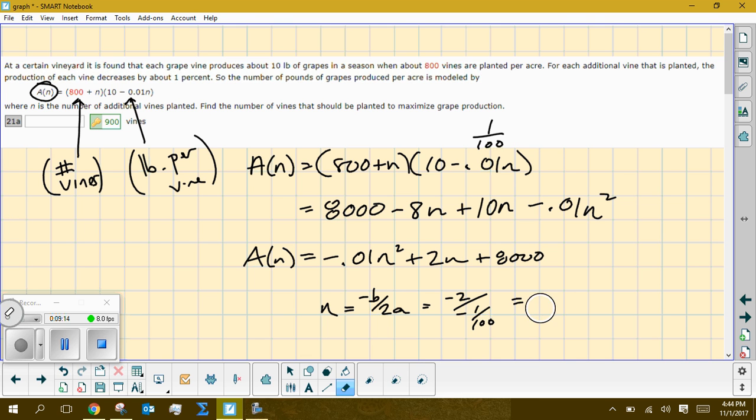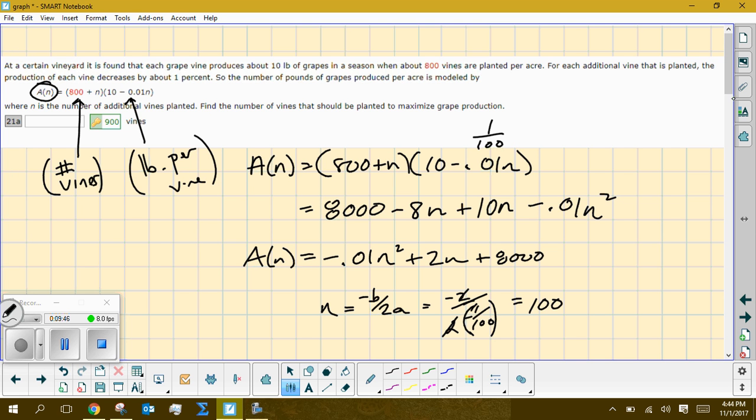Sorry, I messed up. 2a, I just put it over a. So the a was negative 1/100th. 2a would be negative 2/100ths. But the 2 is going to cancel out. Multiply by the reciprocal, and I'm going to get n to be 100.